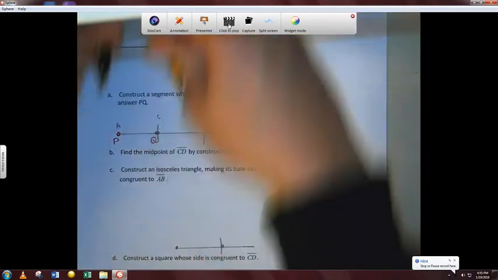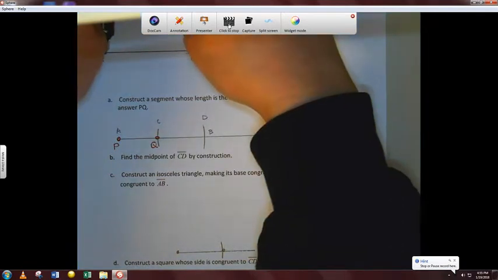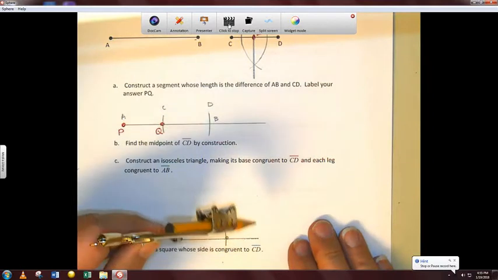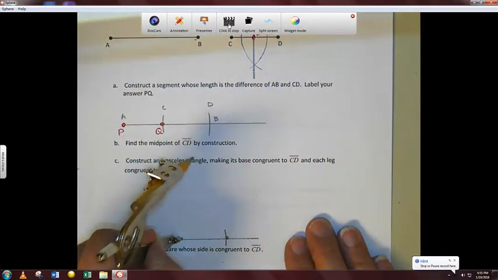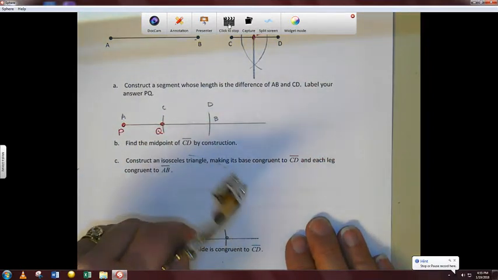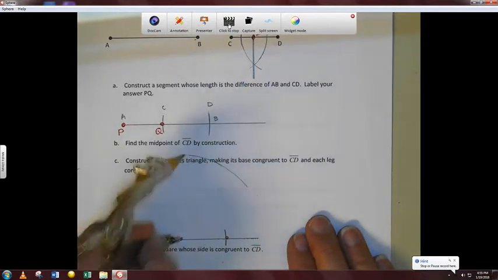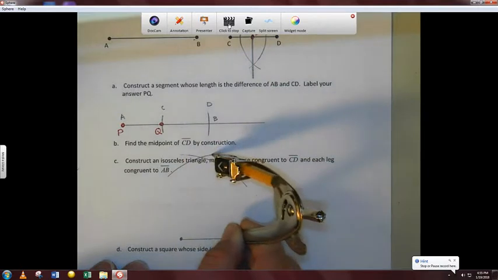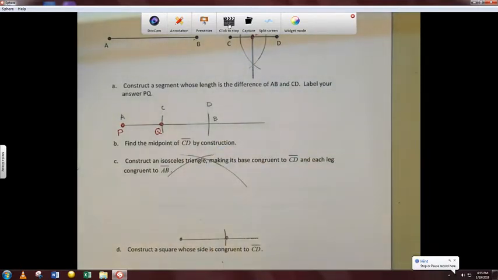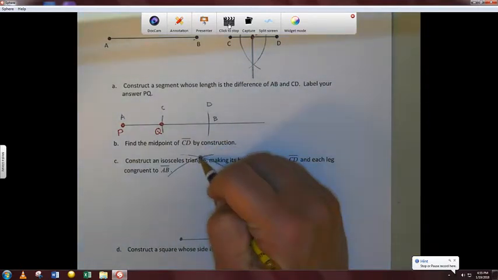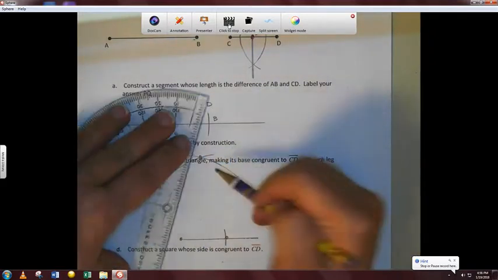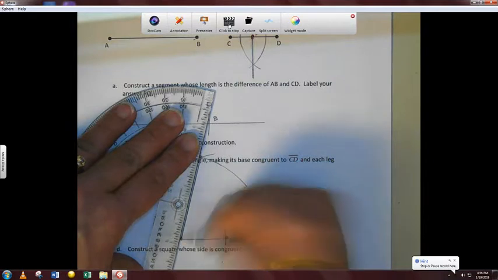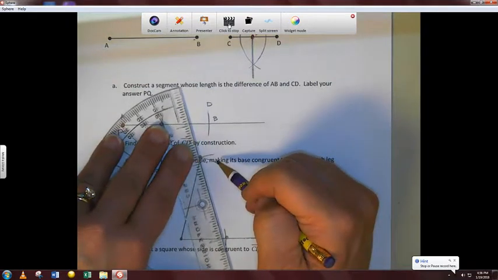And then I'm going to measure AB, and I'm going to swing arcs so that I can find out where the vertex of this isosceles triangle is going to be. And it will be right here. And so then I make my triangle by connecting that intersection point with the 2 endpoints of the base.